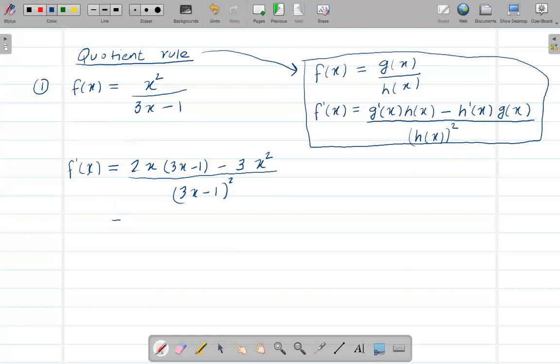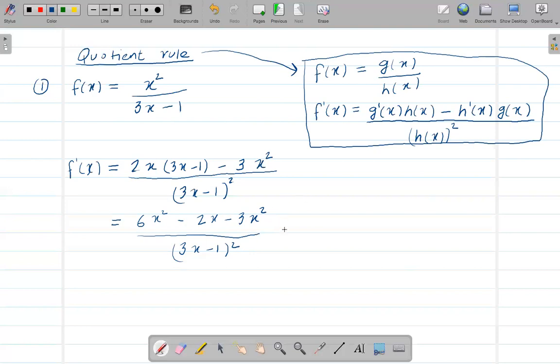After this, I can just distribute this 2x to these two terms. So that will give 6x squared minus 2x minus 3x squared over (3x minus 1) squared.